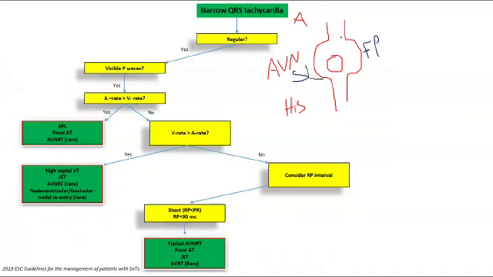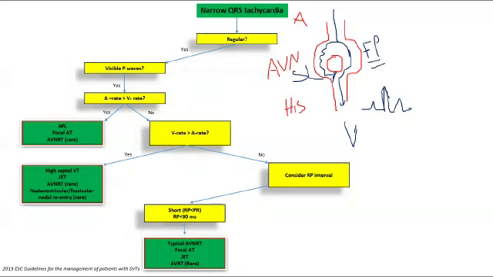An impulse comes down and conducts down both the fast pathway and the slow pathway. But because the fast pathway conducts faster, the impulse gets to the His and activates the ventricles much faster, such that by the time the impulse comes down the slow pathway, it blocks, because the fast one has already conducted down. This is what happens in normal sinus rhythm. Ooh, that's an ugly QRS. But anyway, that's what happens.